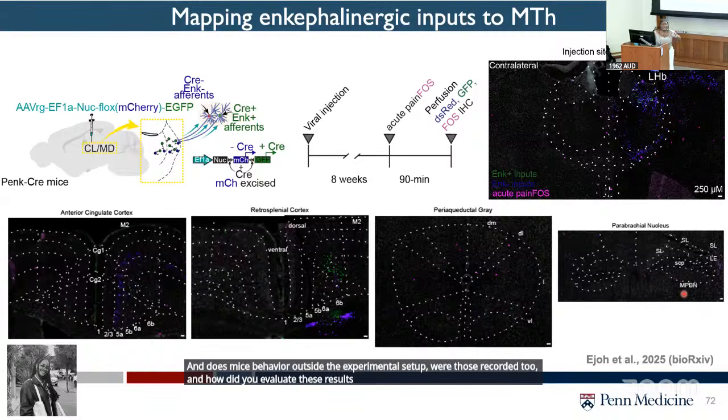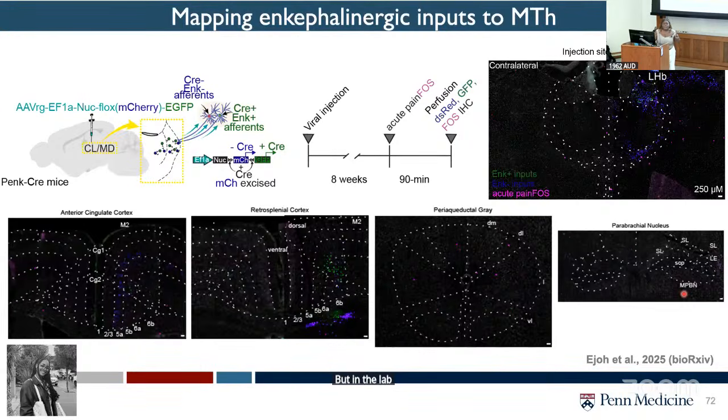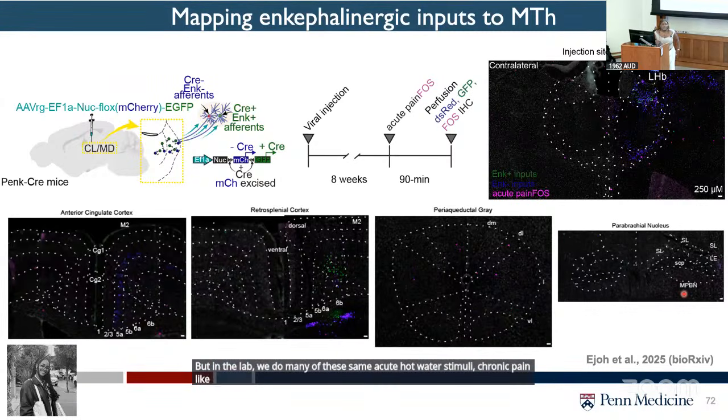When we did our pain mapping, we did not specifically record pain behaviors, but in the lab we do many of these same acute hot water stimuli, chronic pain like SNI nerve injury models, and light touch, and we do see in the lab, and I've done it specifically, that those mice have a heightened sensitivity to non-painful touch.